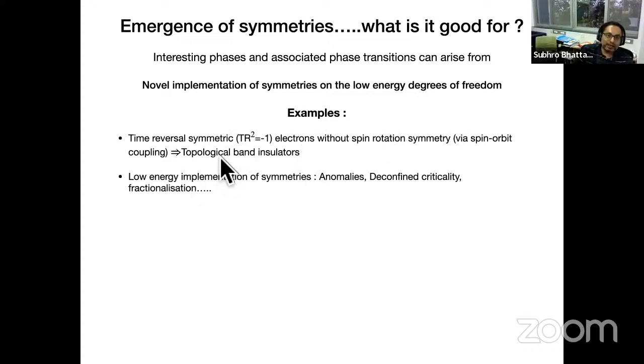Examples include the topological band insulators, where the time reversal symmetry in the presence of spin-orbit coupling is implemented in a way that is not possible in the presence of spin rotation symmetry.